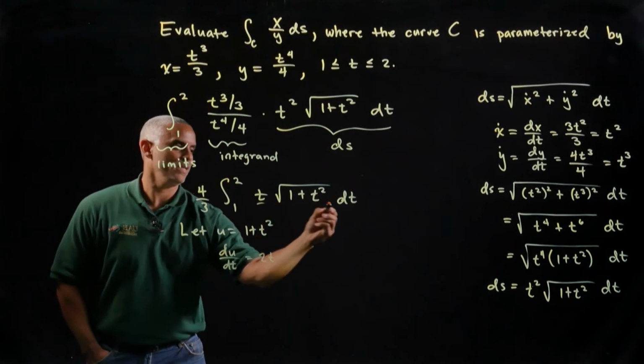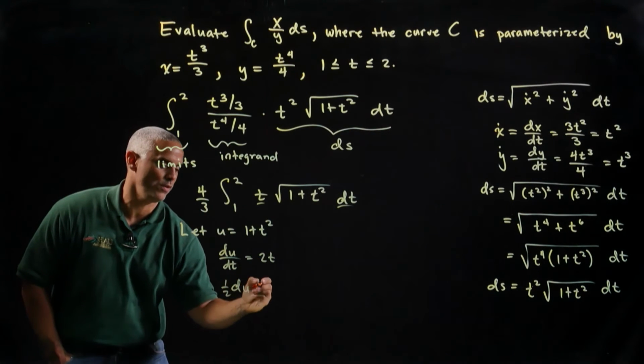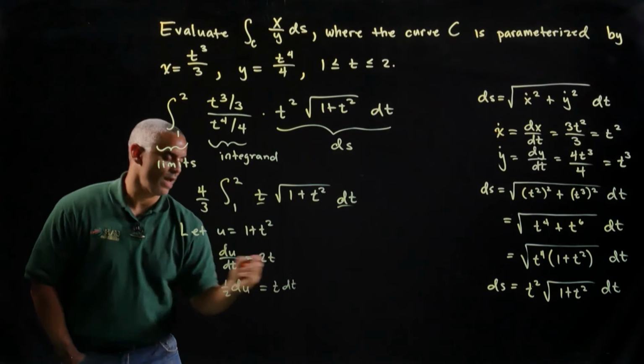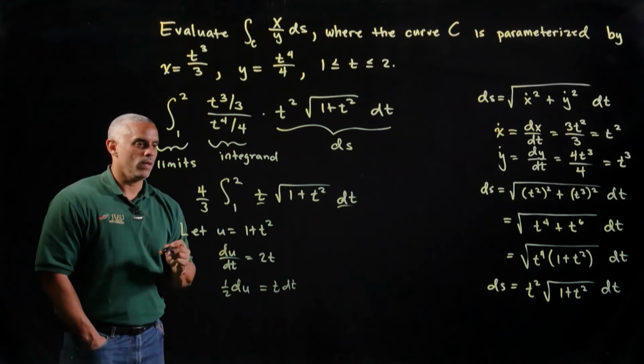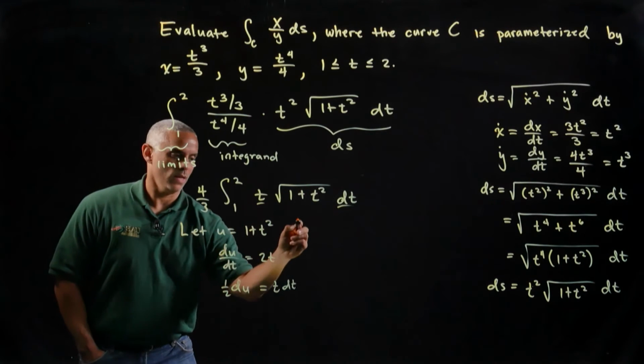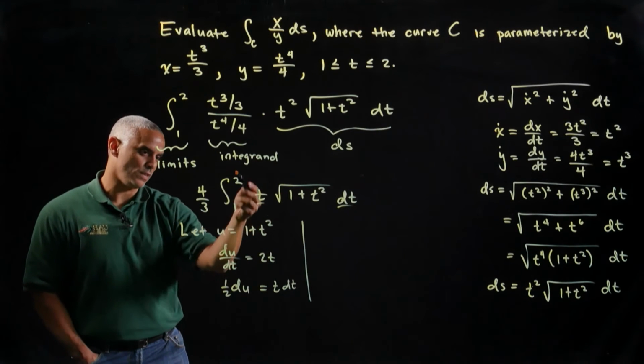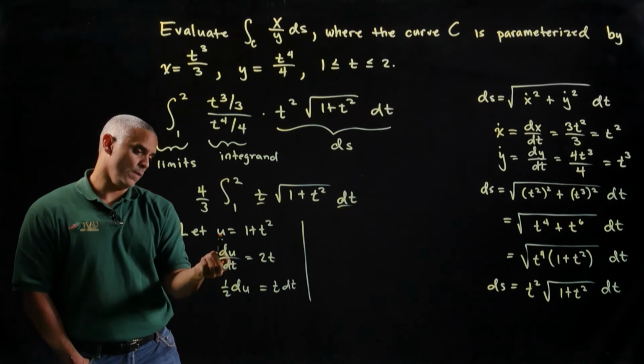But see, I have a t dt that I can pull out. So I can write this as what? du over 2, or a half du, to extract the t dt. So that'll take care of the integrand and the differential element, and I just have to take care of my limits of integration and put those in u space.